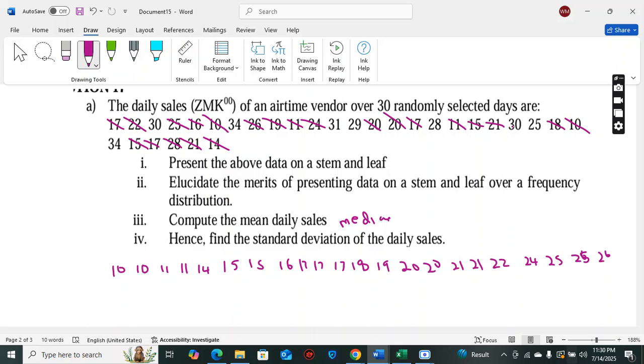Let me cancel out. Oh, here's the other 25. Okay, then 26. Okay, 28. Oh, we have another 28 here.